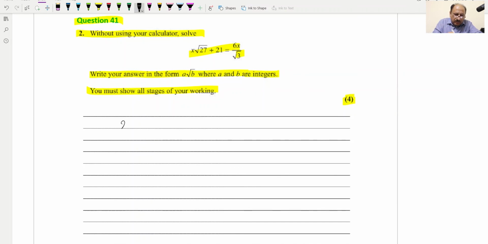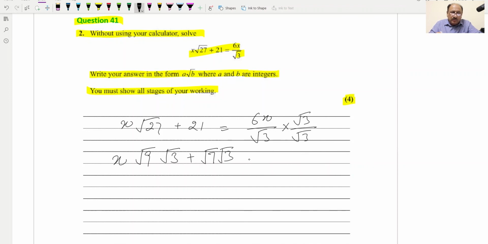So what we can do, we can write it as x under root 27 plus 21, and this is equal to 6x over under root 3, and this under root 3 we can get rid of by multiplying and dividing it. 27 can be written as 9 under root and 3, and this can be written as 3 under root 3. This 21 we can keep as it is.